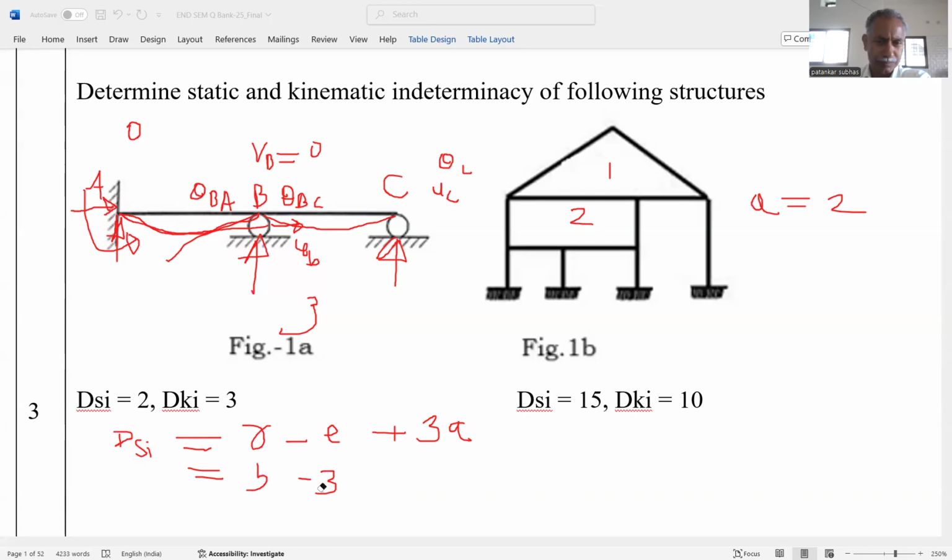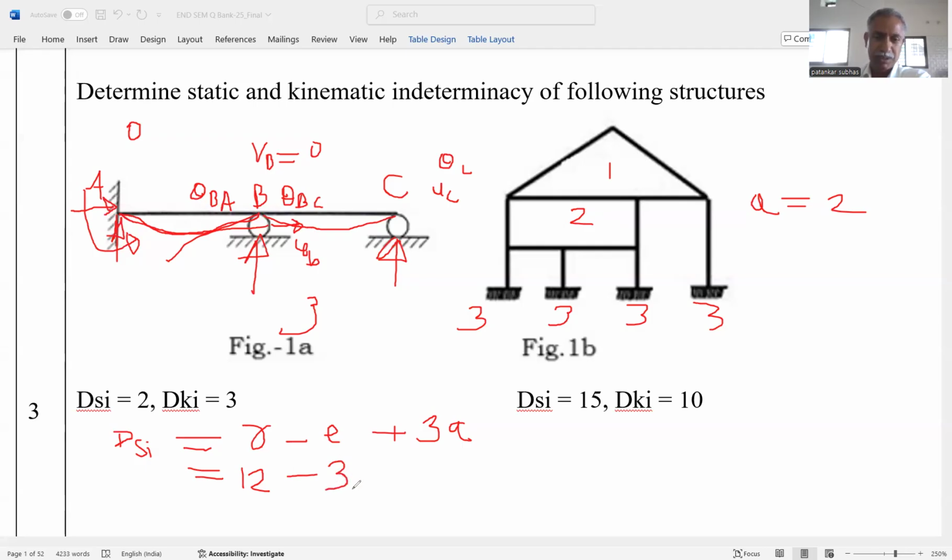And therefore, for this given frame, the value of R is equal to, here 3 unknowns because the support is fixed. Here is also 3, 3 and 3. So 3 multiplied by 4, 12. So here reaction components are 12. There is no internal hinge. All the supports are rigid, and that's why 3 equations are available.